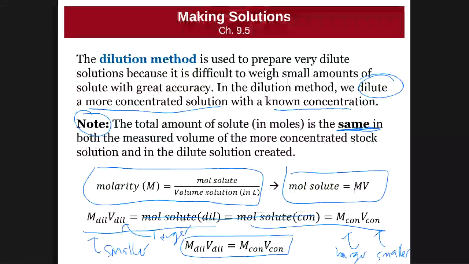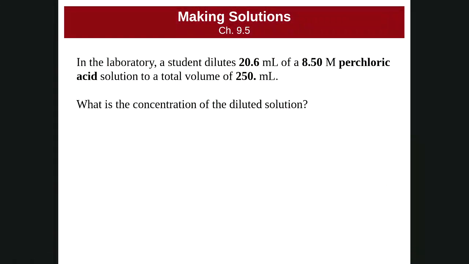So let's see what we can do with that. So in the lab, a student dilutes 20.6 milliliters of 8.5 molar perchloric acid to a total volume of 250 milliliters. All right, so this is our concentrated solution.